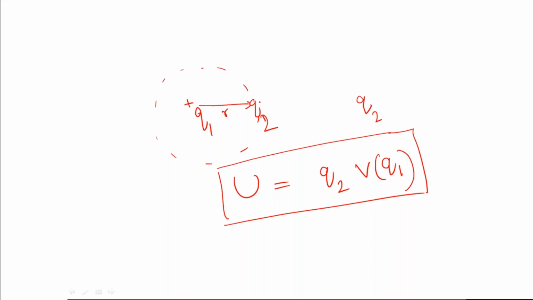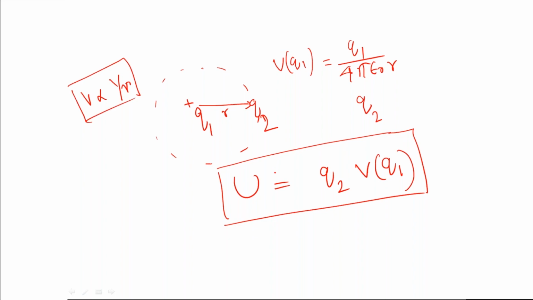So what is the potential at r distance away created by the q1 charge? That will be q1 by 4 pi epsilon naught r. So the potential for a point charge varies with distance as 1 by r, that means inversely proportional to the distance you go from the charge.